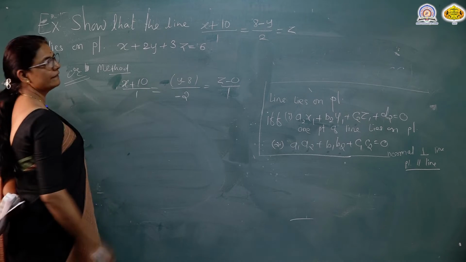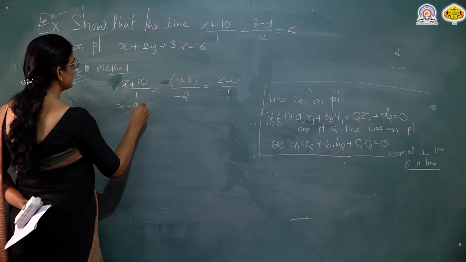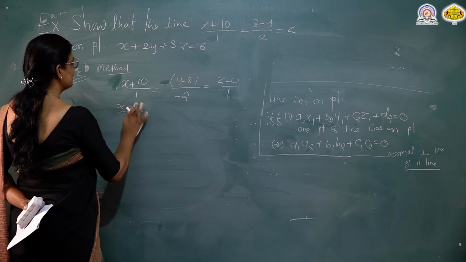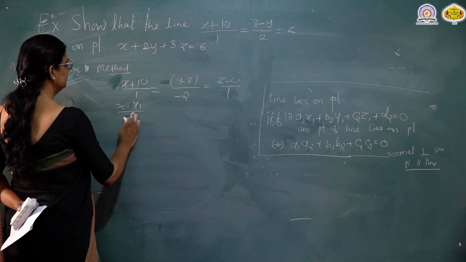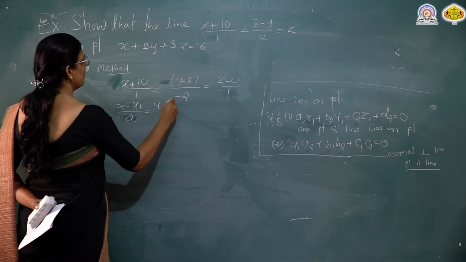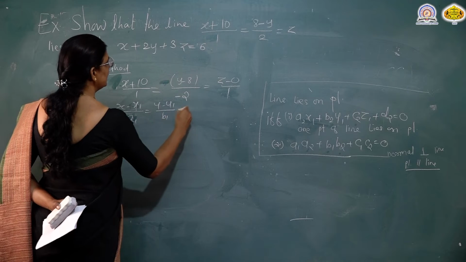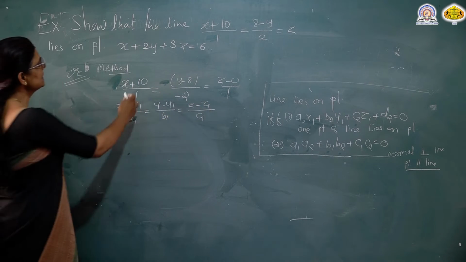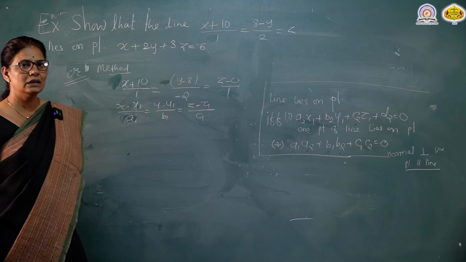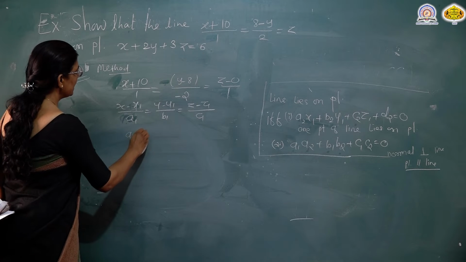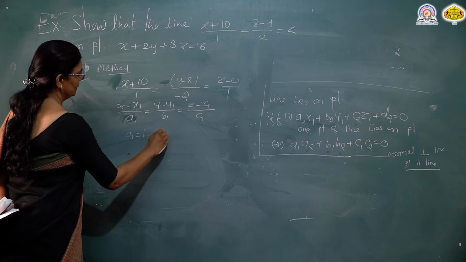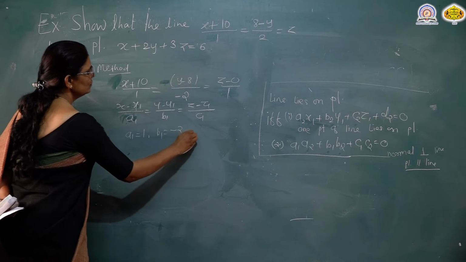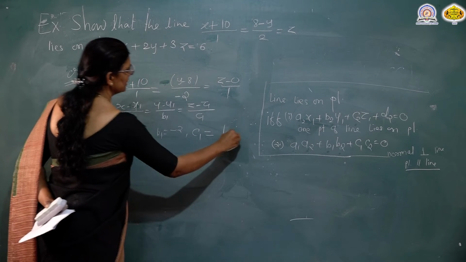Compare this equation with (x minus x1) upon a1, (y minus y1) upon b1, and (z minus z1) upon c1. These three numbers are always the DRs of the line. So DRs of the line: a1 is 1, b1 is minus 2, and c1 is 1.